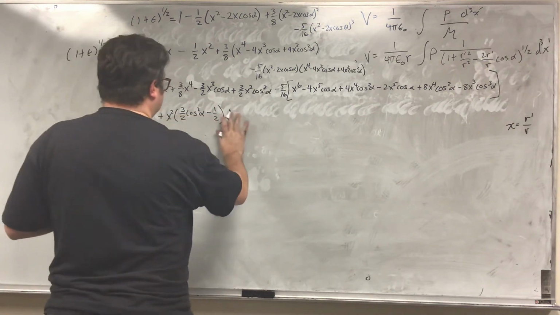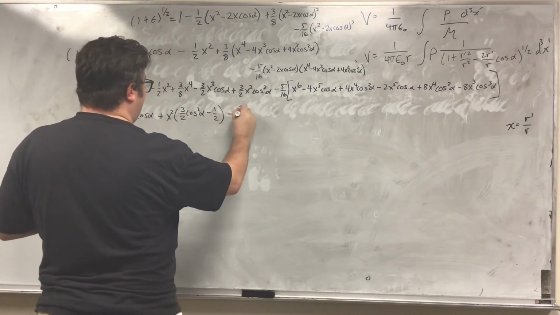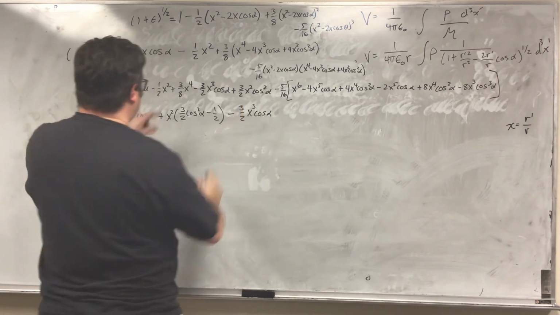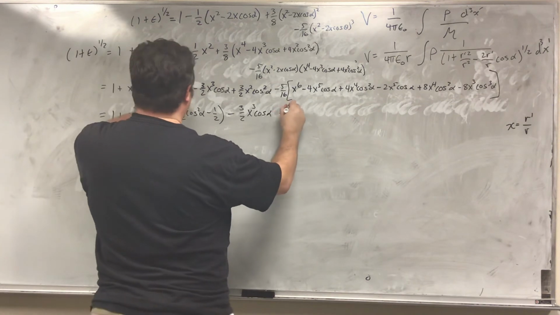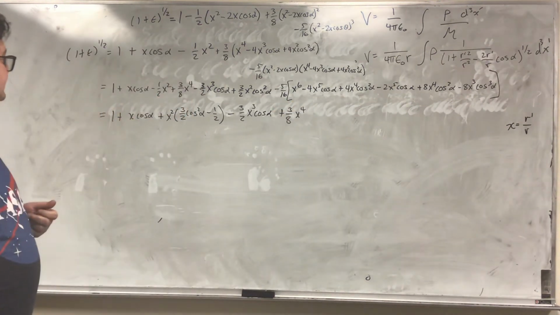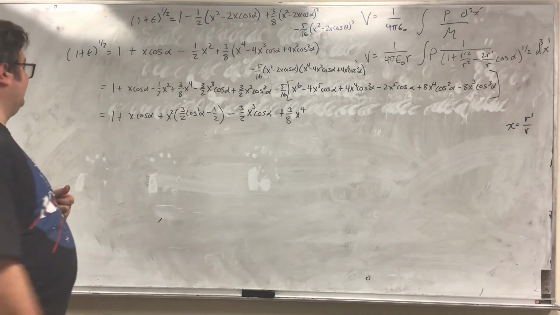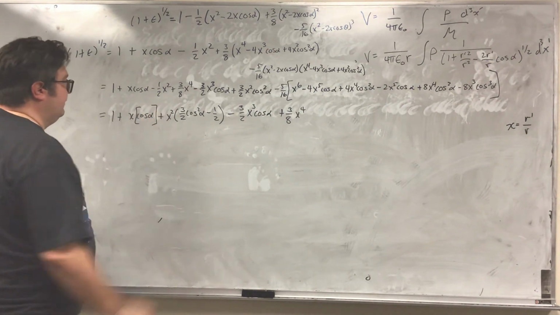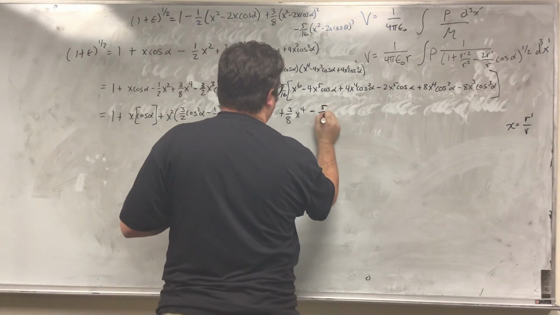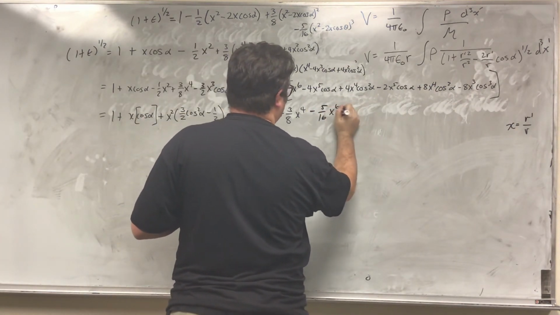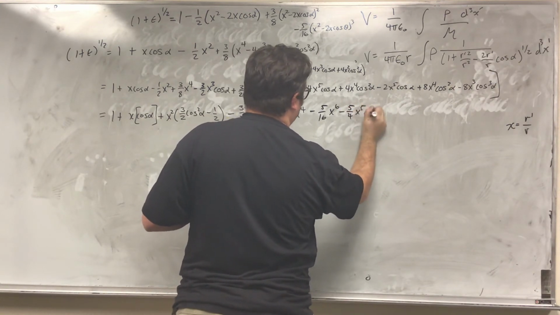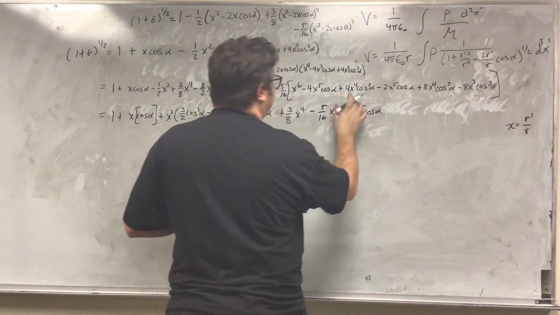So minus 3/2 x cubed cosine alpha, and then plus 3/8 x to the fourth. That's really interesting, huh? All right, and now if I start going through these, 5/16 x to the sixth, so minus 5/4 x to the fifth cosine alpha.